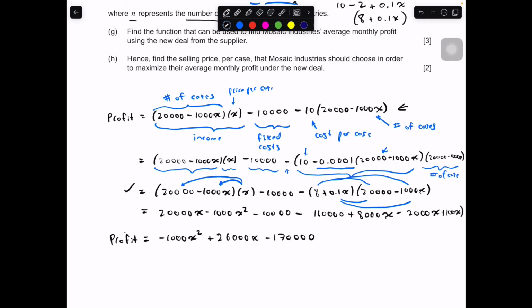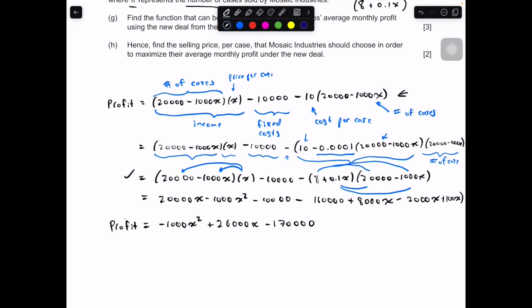So let's go back to the document. We had negative 1,000x squared, and, kind of tricky, when we multiply 0.1x by negative 1,000, it comes to negative 100x squared.